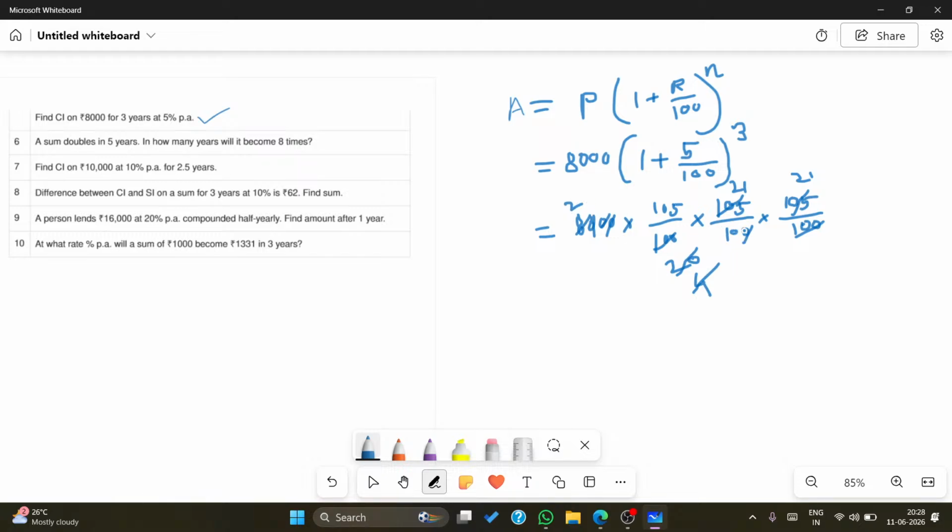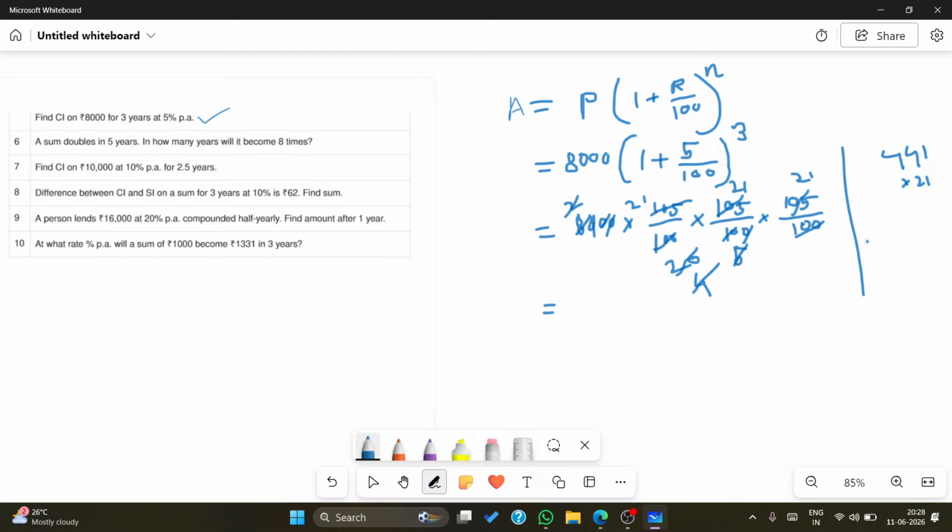So the final value is 21 cube. 21 cube means 21 into 21, that is 441, which will be multiplied by 21.